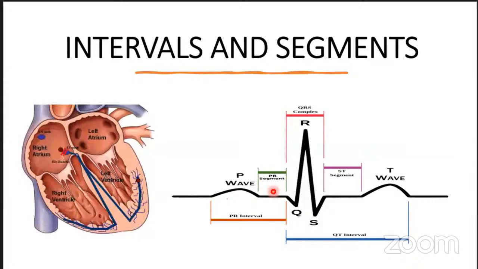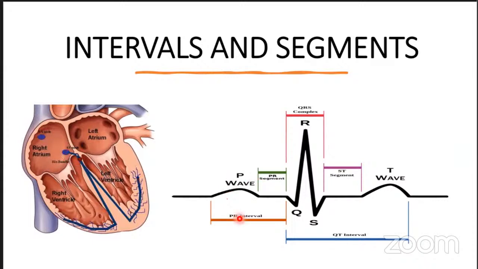We also talked about intervals, and we said if you add a wave and a segment, it's going to give you an interval. So if we add our P wave to our PR segment, it's going to give us our PR interval. And we said the PR interval starts from the beginning of the P wave to the beginning of the QRS complex. So we've added the two of them together, and that's our PR interval.